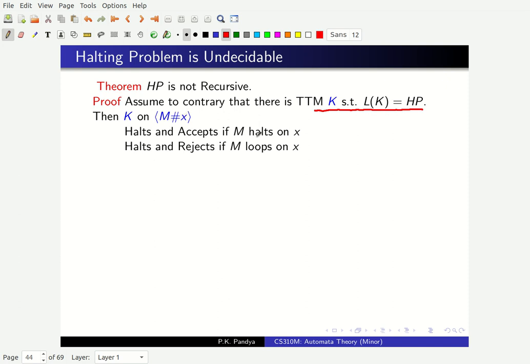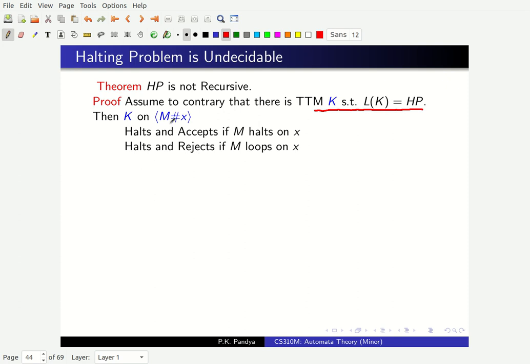If M halts on X, whether accepting or rejecting, your K will accept, because it is testing whether M halts on X, right? If M loops on X, then my Turing machine K will actually halt, and it will reject this pair MX. So it is doing some sort of analysis of this MX pair and finding out whether my Turing machine M is so badly designed that it is going to loop forever on X, and in that case it will reject such an MX pair.